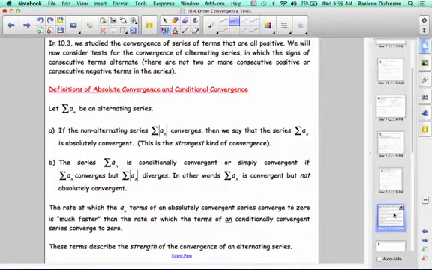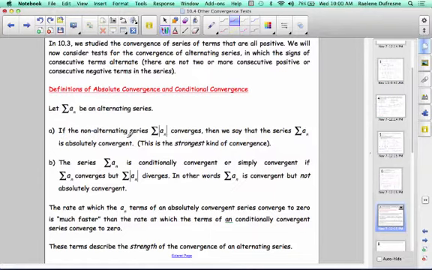The definitions of absolute convergence and conditional convergence state: if we let the series, the sum of an, be an alternating series, then we can talk about absolute convergence and conditional convergence as follows. I'm going to refer to the sum of an as the alternating series, and the sum of the absolute value of an as the associated non-alternating series.